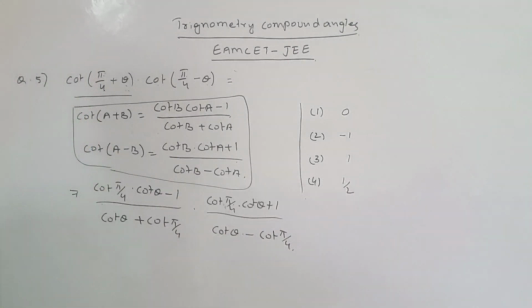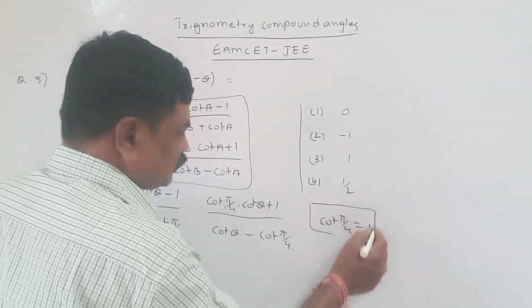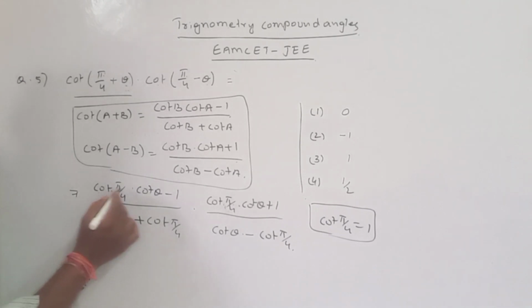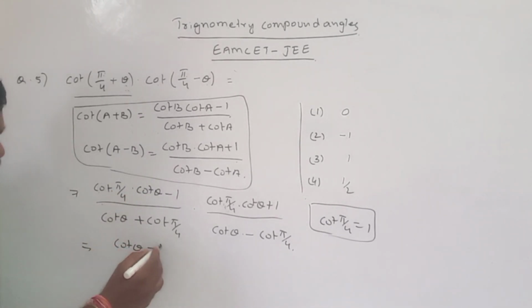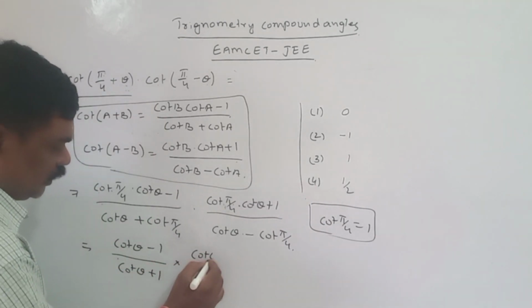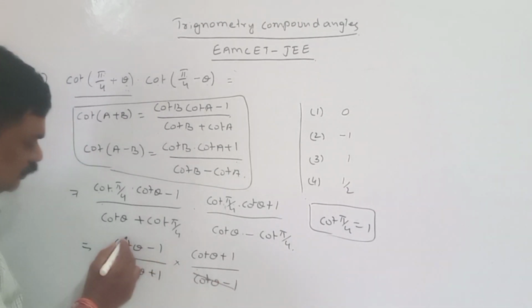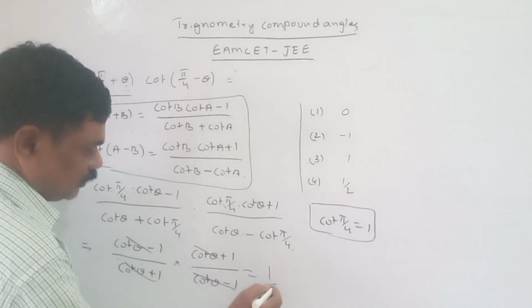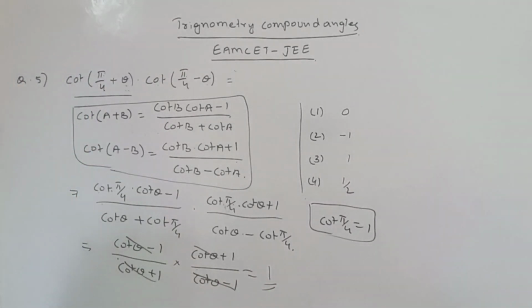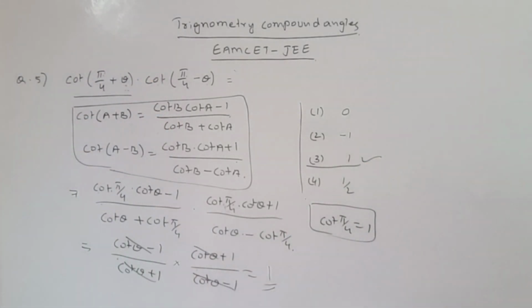So here, what is the cot pi by 4 value? Cot pi by 4 value is 1. We know this one. We have to substitute here 1 into cot theta minus 1 by cot theta plus 1, into cot theta plus 1 by cot theta minus 1. This one cancels. Equal to answer 1. Answer 1. We have option 3 as the answer. Okay, all of you.